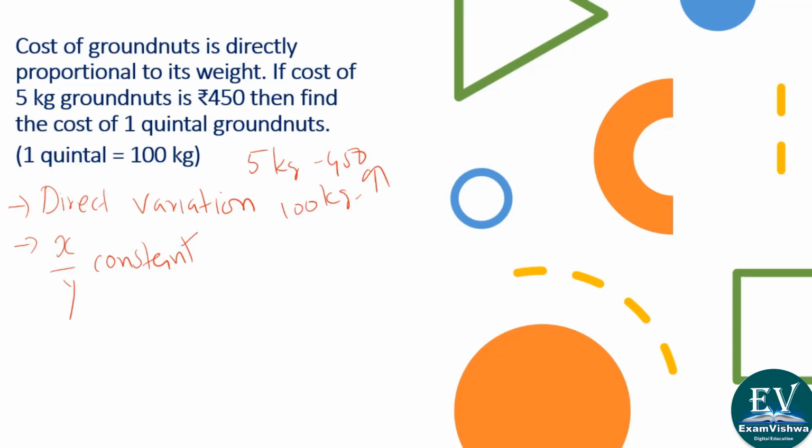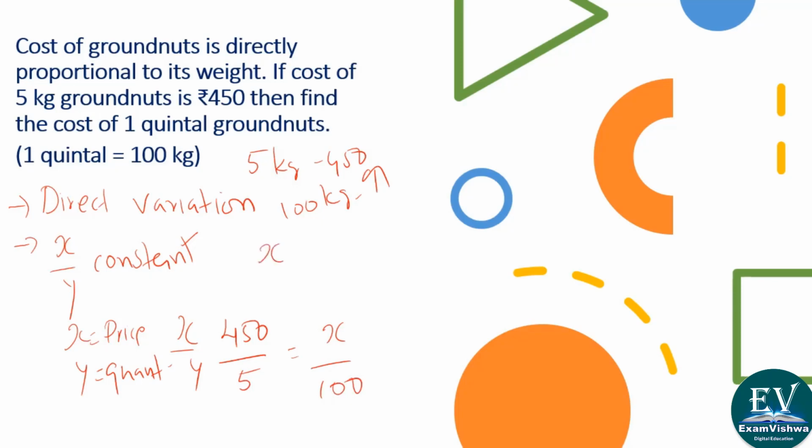In that case, let x be the price and y be the quantity. We will write x upon y as 450 rupees for 5 equal to x rupees for 100 kilograms. Understood? And we will simply calculate it. We know that x upon y is a constant, so we will get the constant from the first itself.